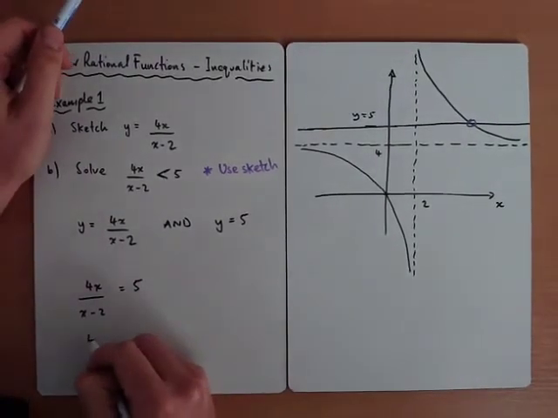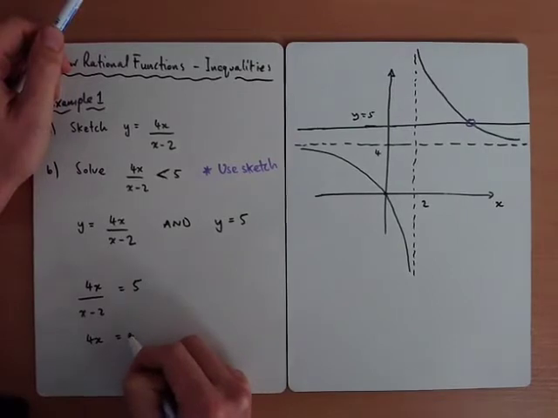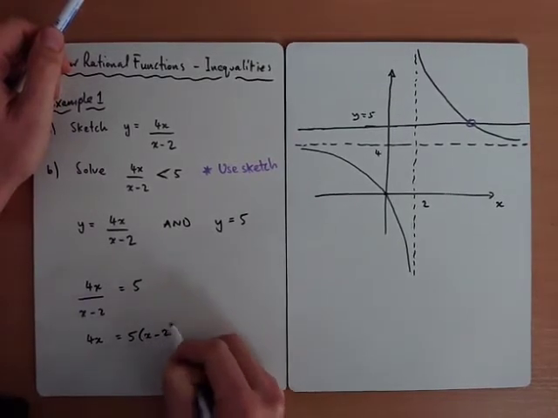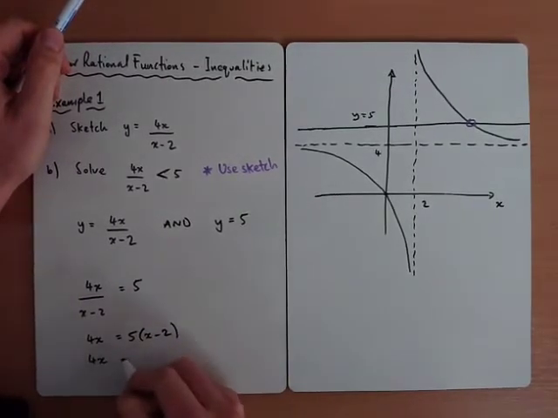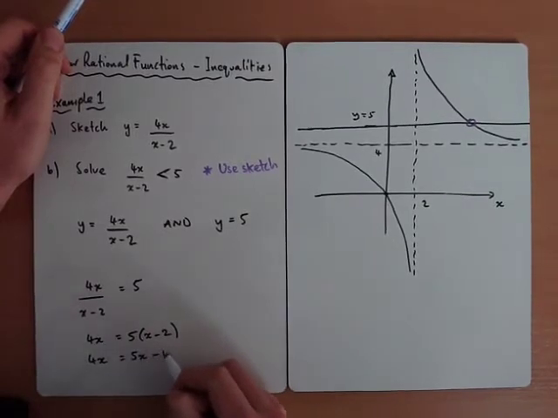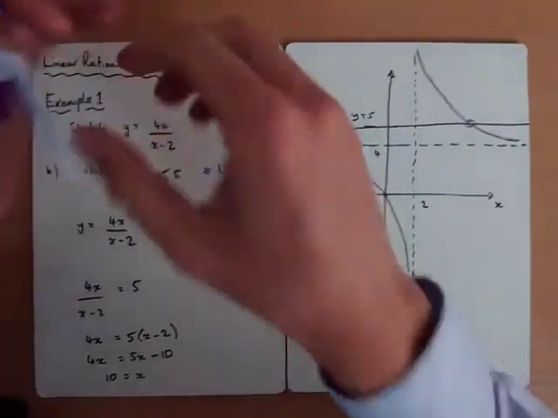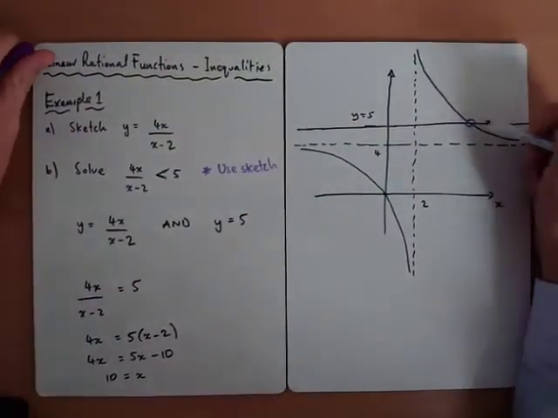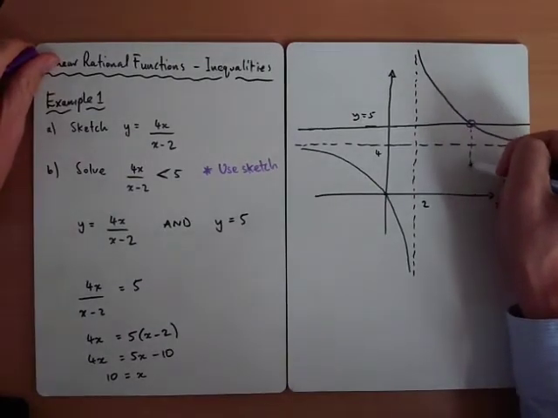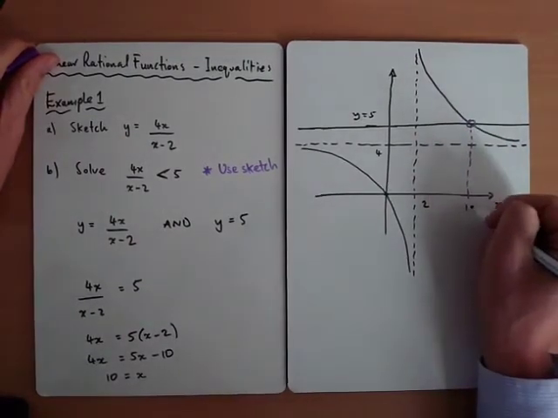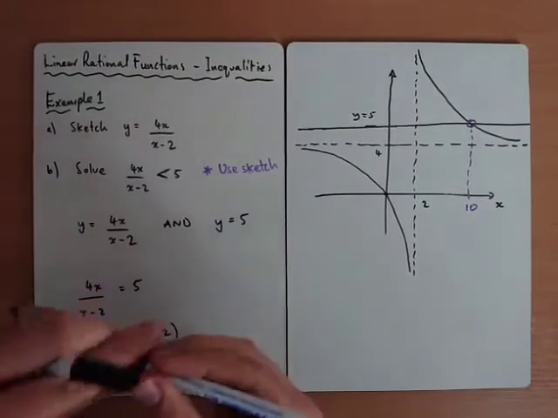Multiply up, so we've got 4x equals 5 lots of x minus 2. Rearranging this, subtract 4x from both sides, add 10. So we get x equals 10. Okay. So that point there, where they intersect, would be when x equals 10.